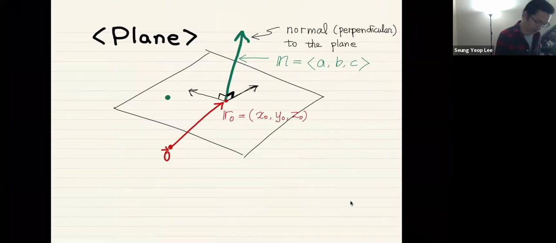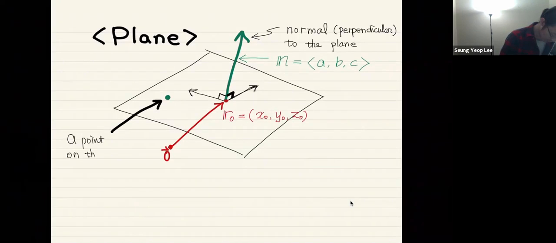This is another point on the plane. And the goal is to describe this green vector. I should have used a different color for the normal vector. Maybe I will just use the blue vector now.